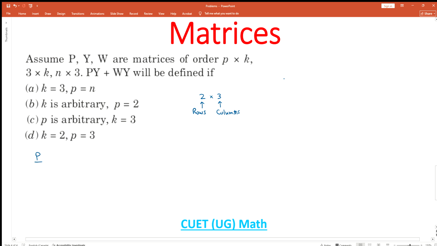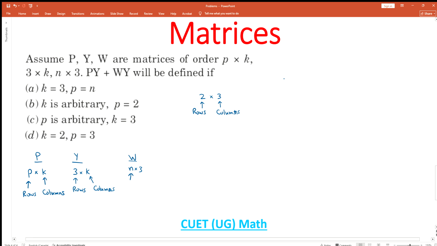The order for matrix P is P by K. So the number of rows in matrix P is P and number of columns is K. The second matrix is Y. The order for matrix Y is 3 by K. Number of rows in this matrix is 3 and number of columns in this matrix is K. The third matrix is W. The order of this matrix is N by 3.